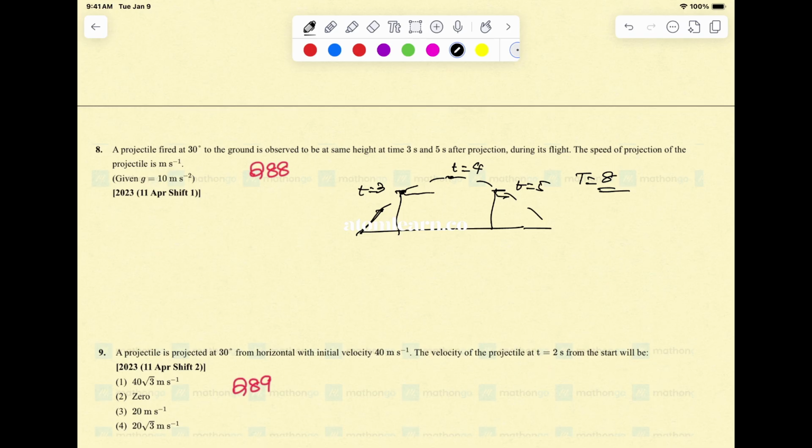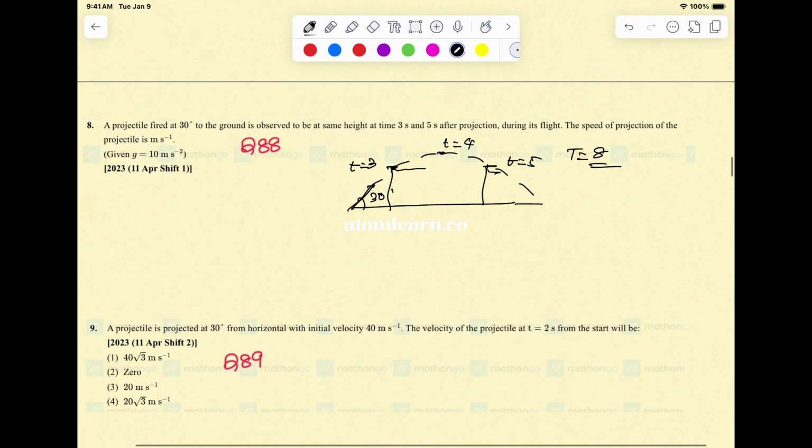Let us see what they are asking. The speed of projection of the projectile. The angle theta is given as 30 degrees, the time of flight is 8, and what they are asking is u. Which formula links time of flight, u and theta?